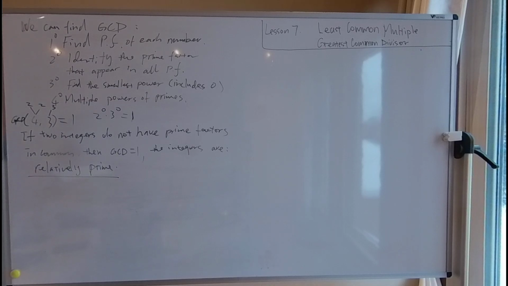And in fact, the numbers themselves don't have to be prime. Like in this example, number 4 is actually not a prime number. But as long as you don't have the same prime factor in common, we call these two numbers relatively prime.